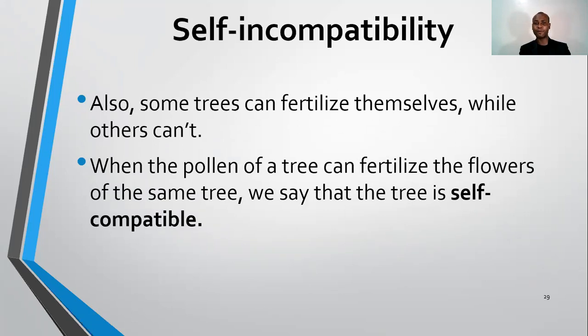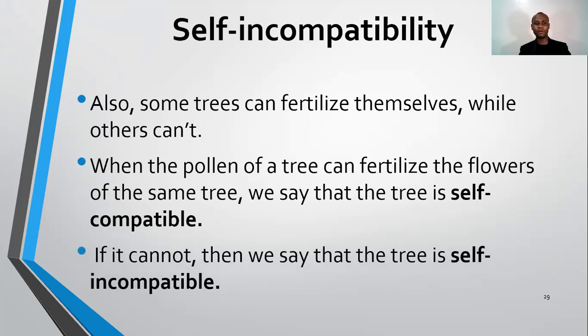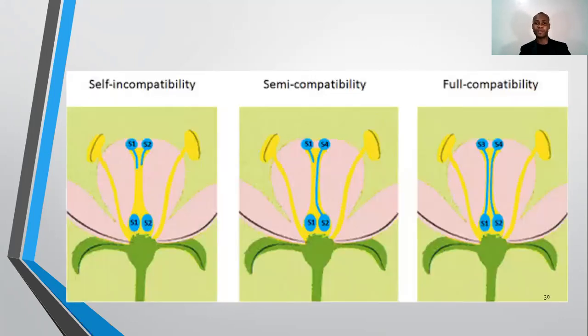On the other hand, if they cannot, we say they are self-incompatible. And most cacao trees are self-incompatible. They cannot fertilize themselves. Okay, so now let's look at this photo here.